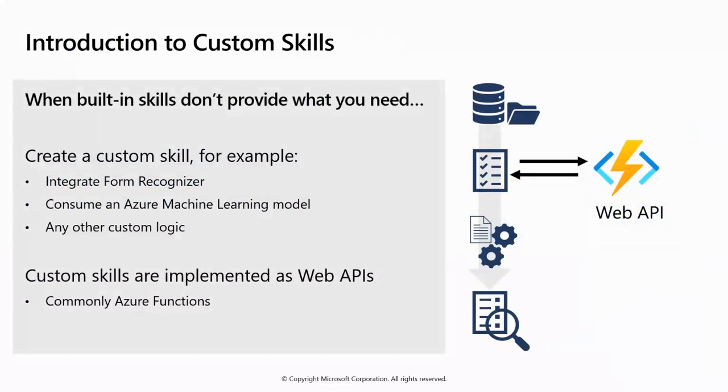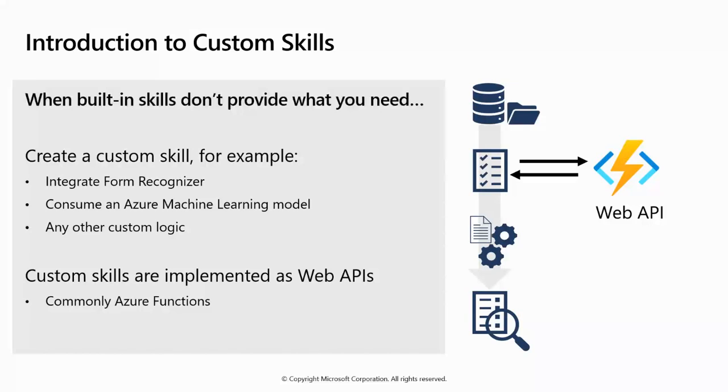However, there might be times when we have special data extraction requirements that cannot be addressed by existing abilities, and we probably need to use bespoke functionality. For example, we can integrate the Form Recognizer service to extract data from forms. We can consume an Azure Machine Learning model in order to integrate predicted values into an index, or any other custom logic.